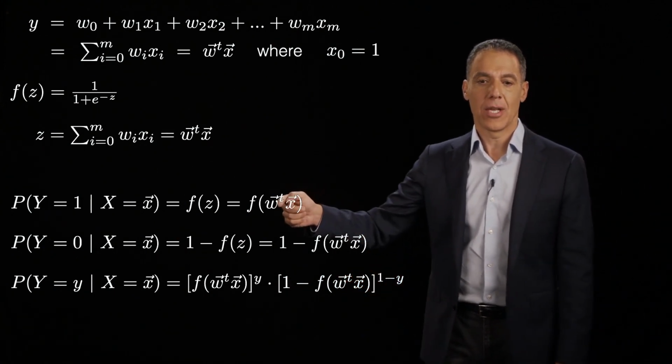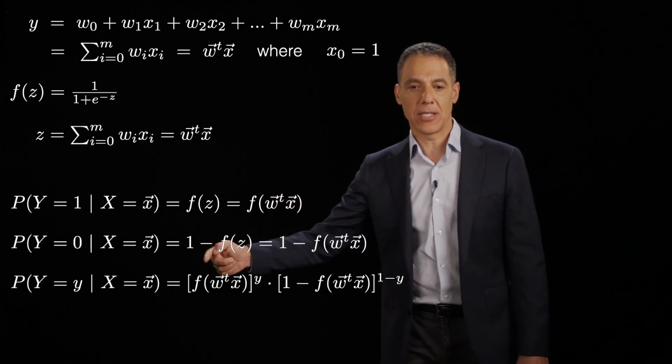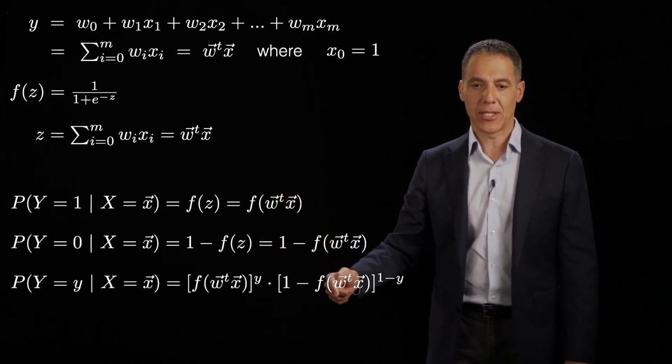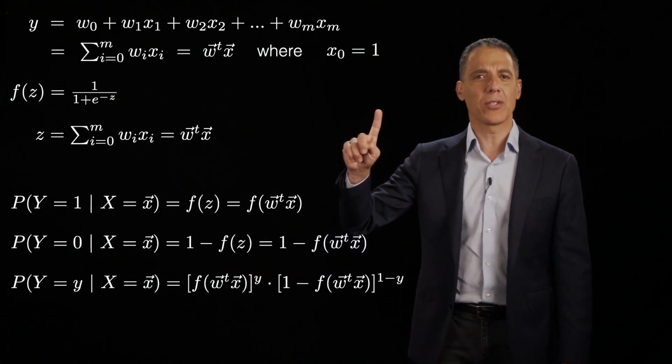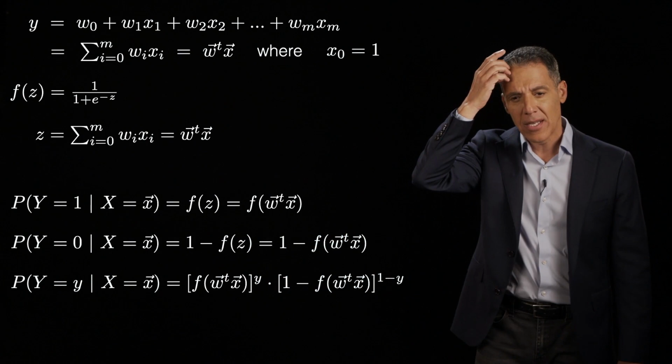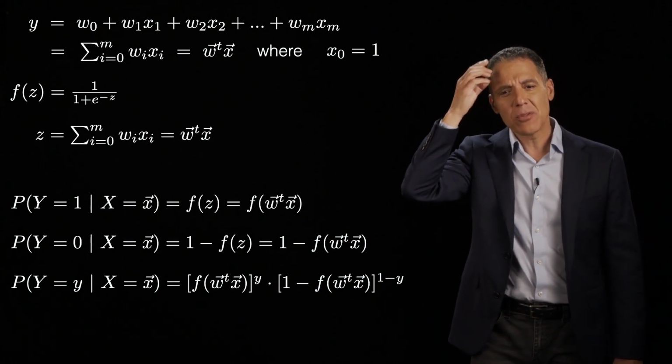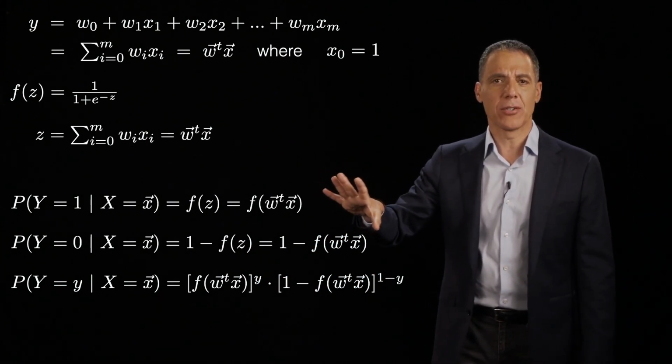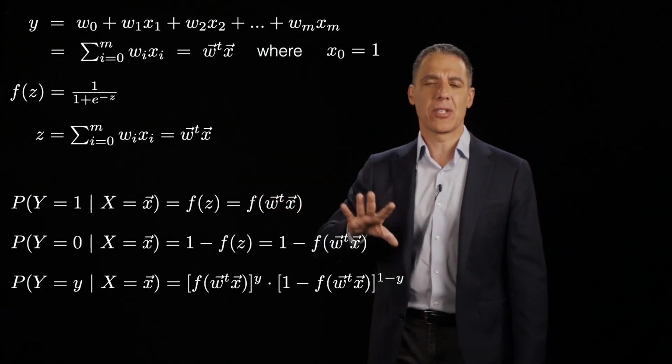So notice here, this term has been brought down here, and I'm raising this to the power y. What is y? The class label. And then this has been raised to the power 1 minus y. Now, why does this embody both of these in terms of a maximization or a minimization problem?